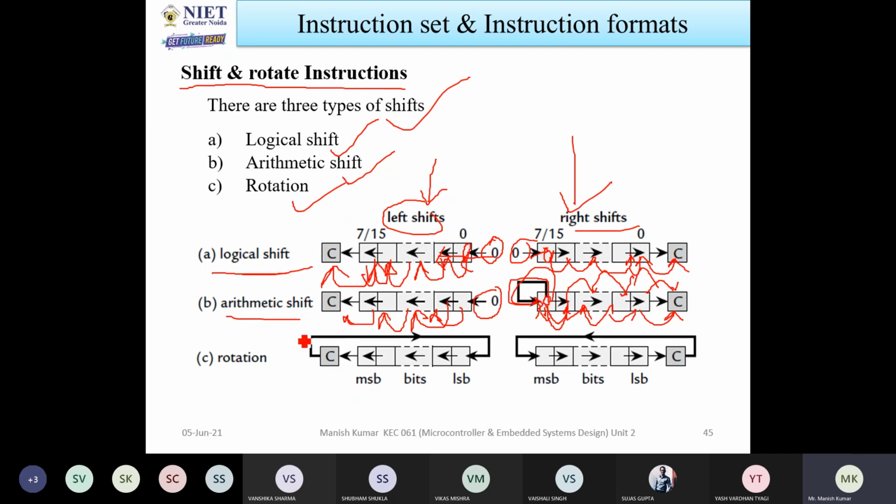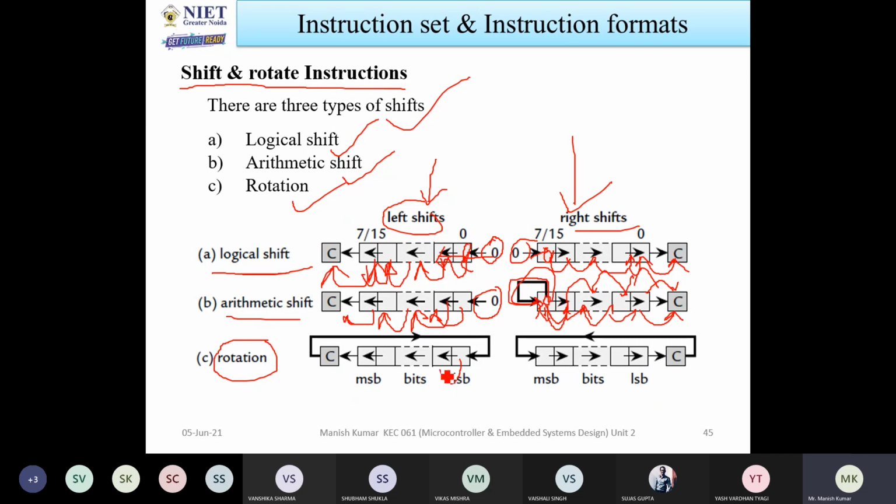Now we were talking about the rotation. So in rotation, we can have rotate left or rotate right. When you are using the instructions, you can use rotate left or rotate right. If you are rotating left, it means that you are shifting the bits adjacent left.